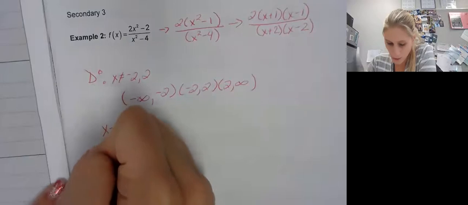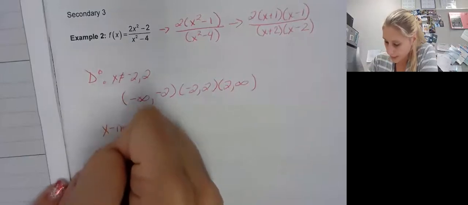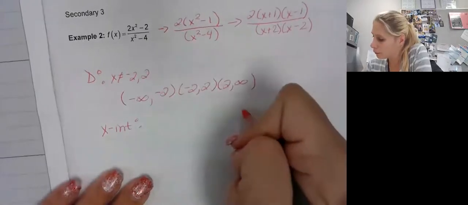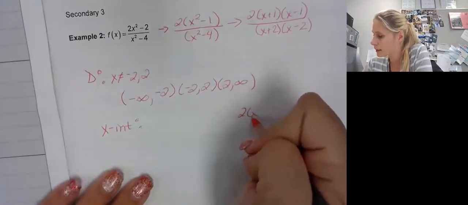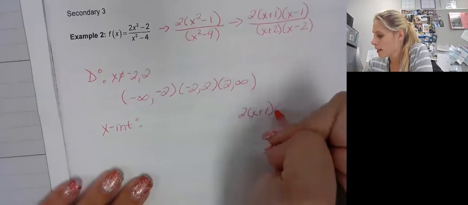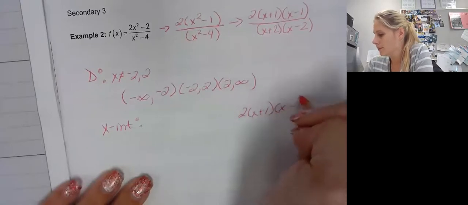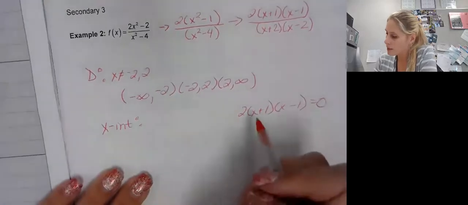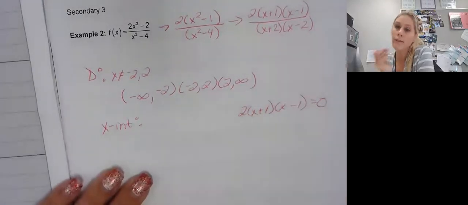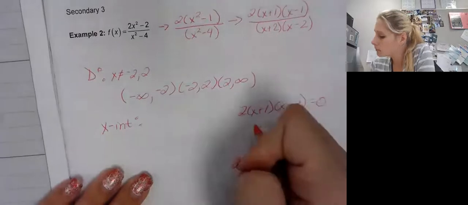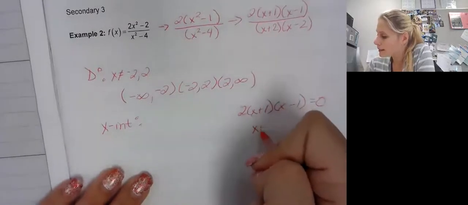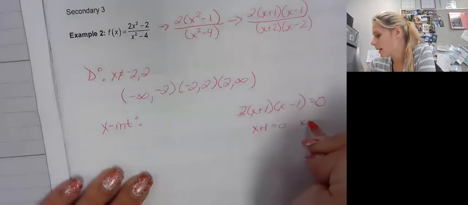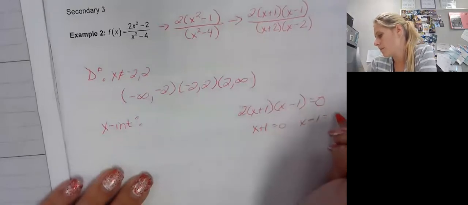X-intercept. Well, we have a larger numerator this time. So if we look at 2 times x plus 1 times x minus 1 and set that equal to 0, the 2 doesn't matter because if we divide both sides by 2, it's still 0. So what I'm really looking at is where x plus 1 equals 0 and where x minus 1 equals 0.